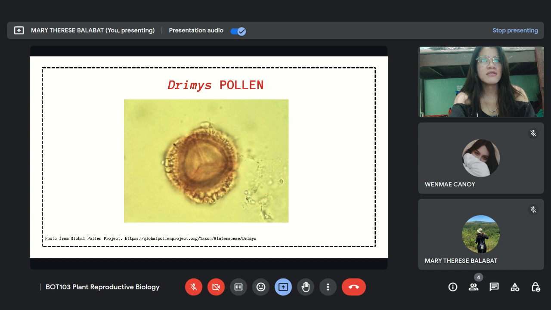So, since kaning tetrads kay tetrahedral, the grains are rounded or somewhat triangular and each has a single furrow facing outward and which is rounded instead of elongate, but it functions in the same way as in the grains of the Magnoliaceae, bulging outward when moistened and dipping inward when dried, and serving as a place of emergence for the pollen tube at the time of the germination.